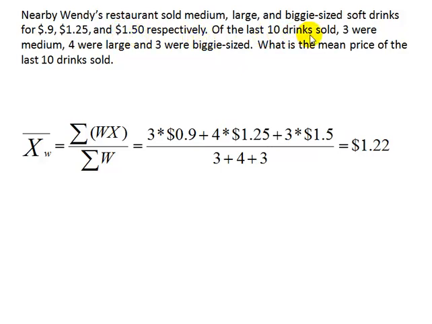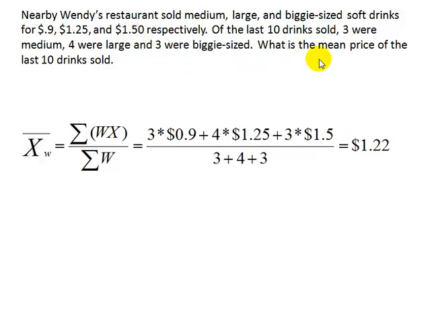Of the last 10 drinks sold, 3 were medium, 4 were large, and 3 were big. So 3 drinks had the same value of $0.90, 4 drinks had the same value of $1.25, and 3 had the same value of $1.50.